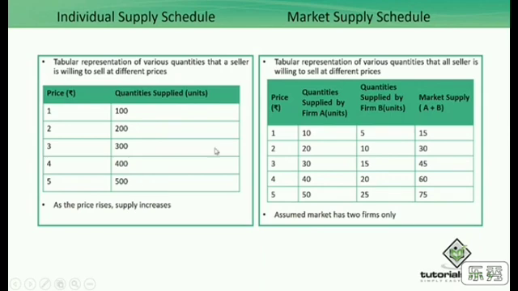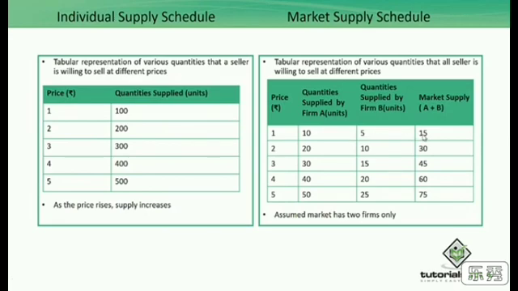Now let's come to the market supply schedule. The market supply schedule is the quantities supplied by all the sellers who are willing to sell at different prices. So we'll have different firms, let's say firm A and firm B. If these are the only two firms in the market, the market supply is the sum total of the quantity supplied by these two firms, A and B. So if they are willing to supply, let's say, 10 units by A and 5 units by B, then the market supply is 15 units.